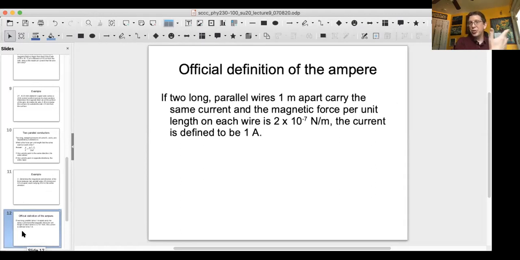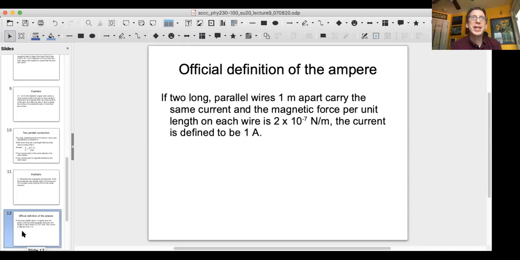From that you get, again, the coulomb, the volt, the farad, the ohm. You also get the Coulomb constant. You also get epsilon naught. You get mu naught. You get the Tesla. All those values come from that definition of the current. One thing to keep in mind, though, is that there are some electrical and magnetic quantities, like the time constant for the RC circuit that we talked about, for example, that do not ultimately depend on the definition of the ampere.